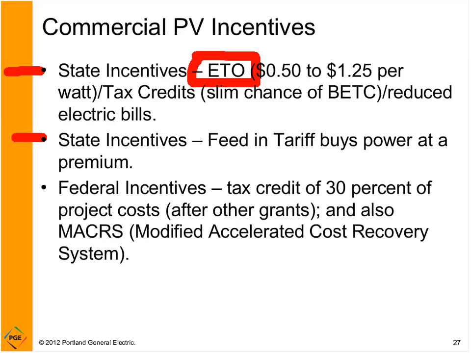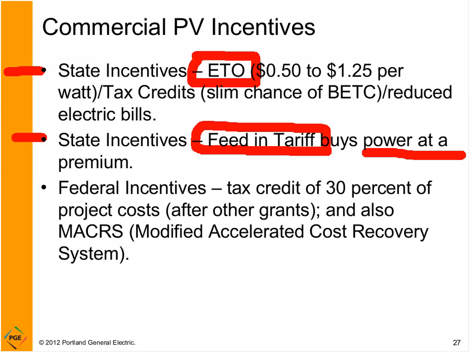The other state incentive option is what's called a feed-in tariff. This is a different way to incentivize you. The feed-in tariff is what we call a production-based tariff, and it pays you based on how much power you produce. It pays you a premium on that power. So for example, I mentioned 10 cents a kilowatt hour.